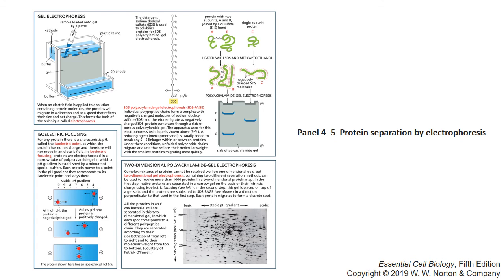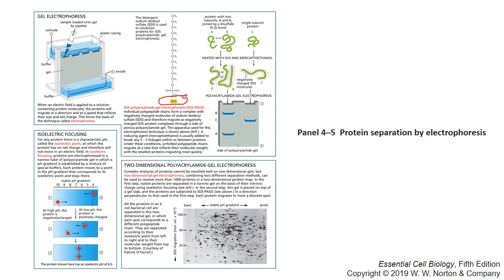It's the same concept except proteins naturally do not have a charge. So what you have to do is use an SDS gel, which is a specialized type of detergent gel, and the SDS will actually interact with the protein, causing it to slightly unfold, and it will also allow it to get a negative charge.